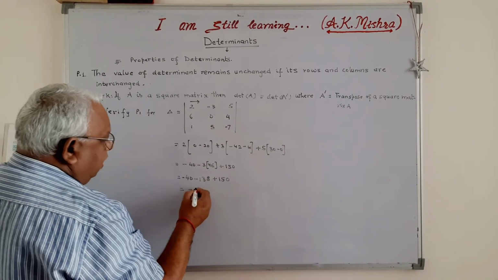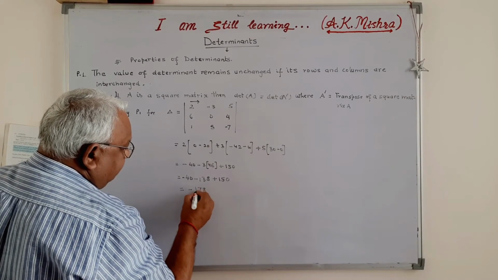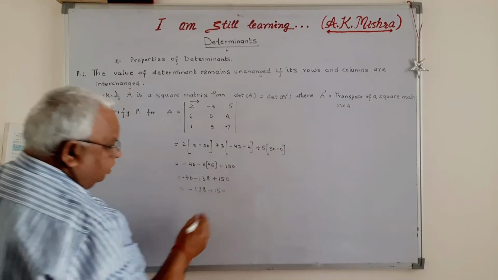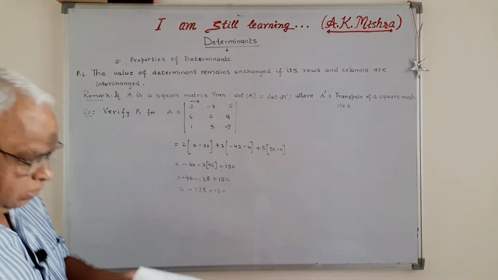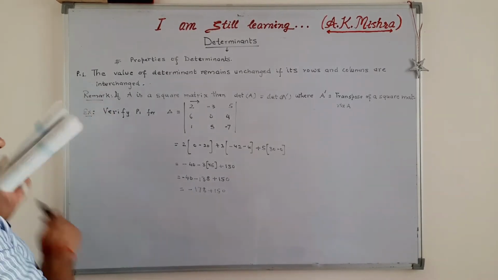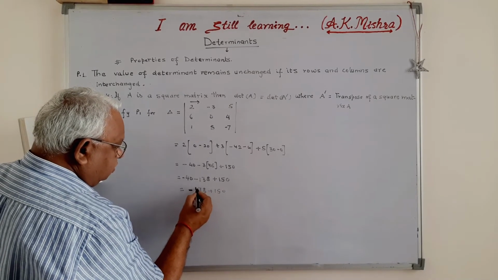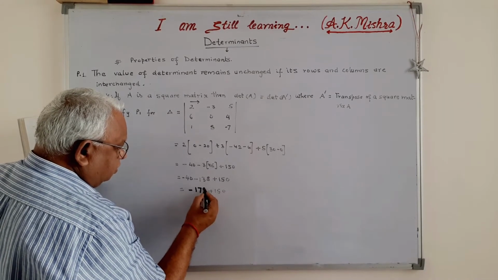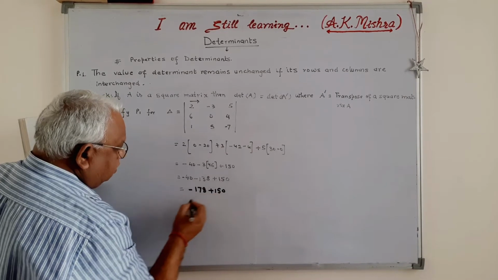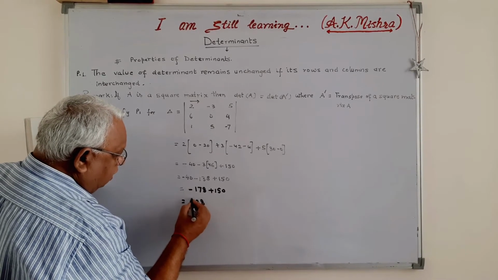So minus 178 plus 150, which is equal to minus 28.